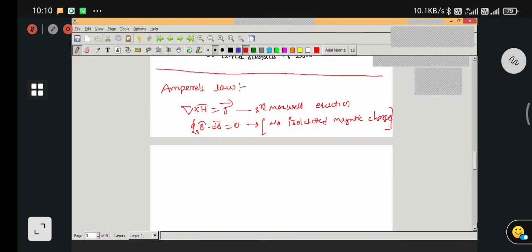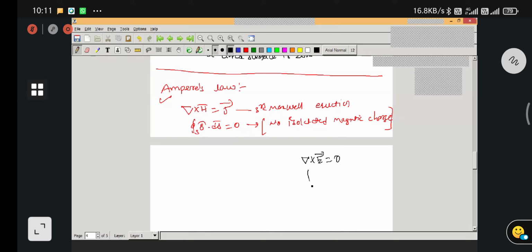In this comparison, this is magnetostatics. I take a black pen for electrostatics. In the second Maxwell equation, curl of E equals 0, the conservative nature of the electric field. This is the second Maxwell equation.